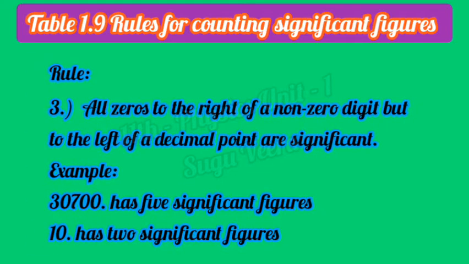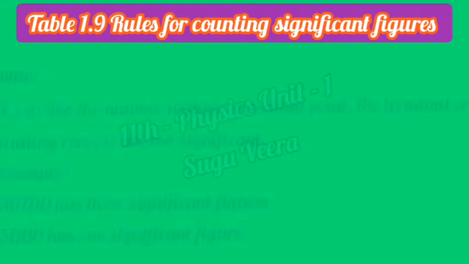Third rule, all zeros to the right of a non-zero digit but to the left of a decimal point are significant. For example, 30700 with a decimal point has 5 significant figures, and 10 with a decimal point has 2 significant figures.